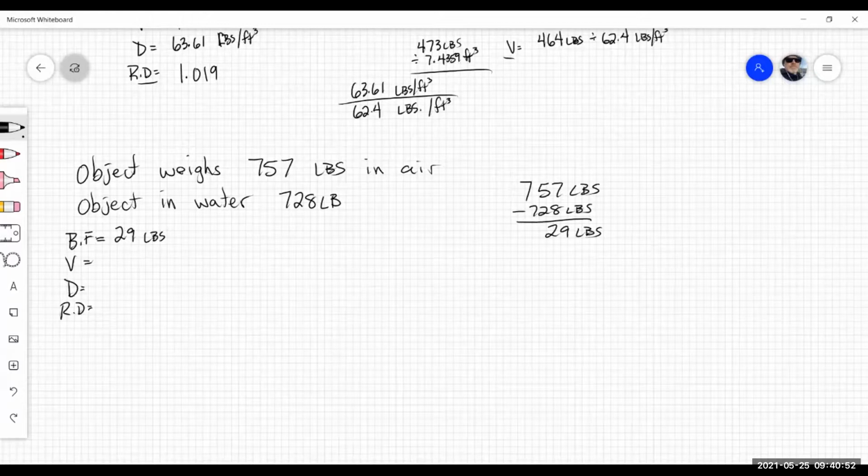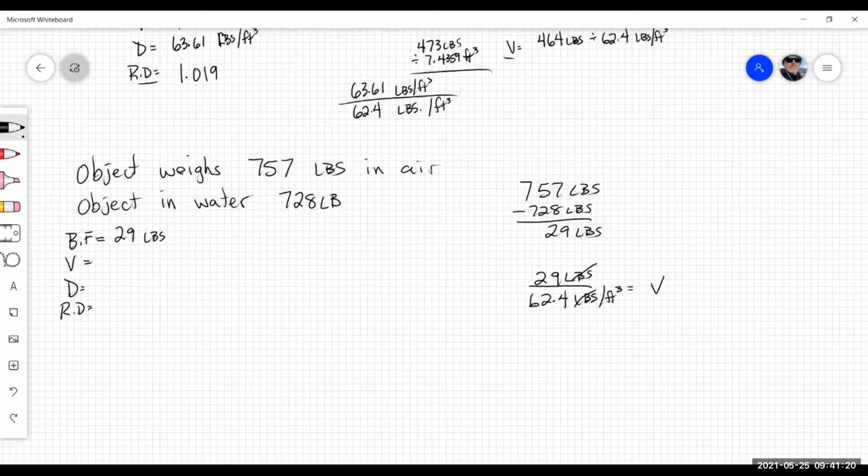Now, the volume is directly related to the buoyant force. So I have 29 pounds of buoyant force. I divide by the density of the fluid that it's immersed in, and that gives me my volume, because you can see the pounds get crossed out on this.